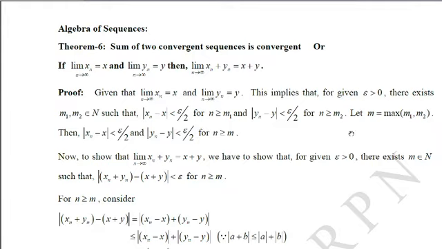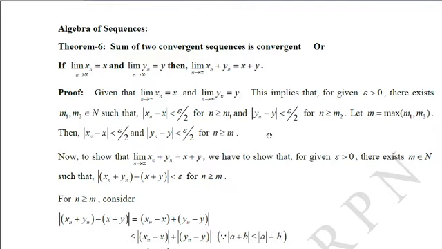That is possible from m2, because the first graph is converging from m1 and the second one from m2, and both graphs appear converging from m2. So for all the points starting from m2, the distance between those terms of the sequence xn and x is less than epsilon by 2, and the distance between the terms of yn and y is less than epsilon by 2.